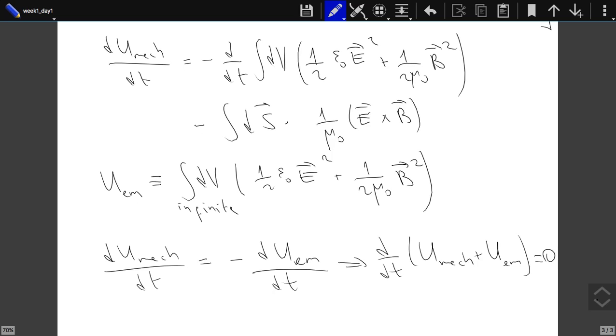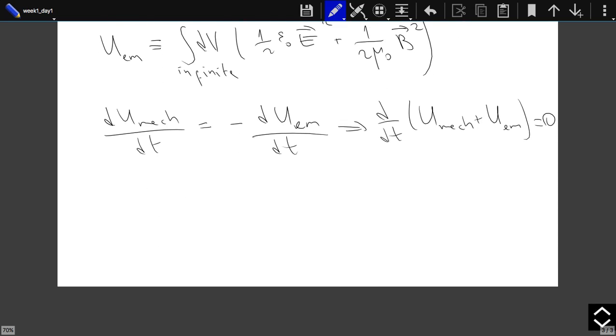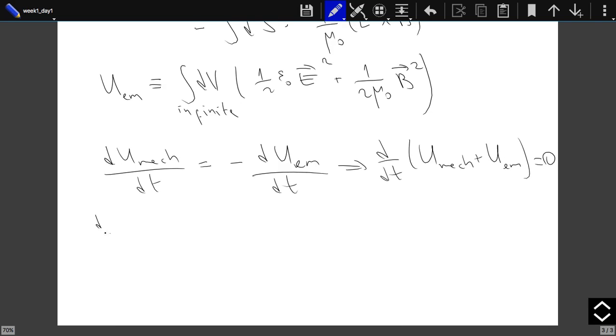Okay? So let us write it in that way. d by dt of U mechanical plus the volume integral dV of 1 over 2 epsilon 0 E squared plus 1 over 2 mu 0 B squared.